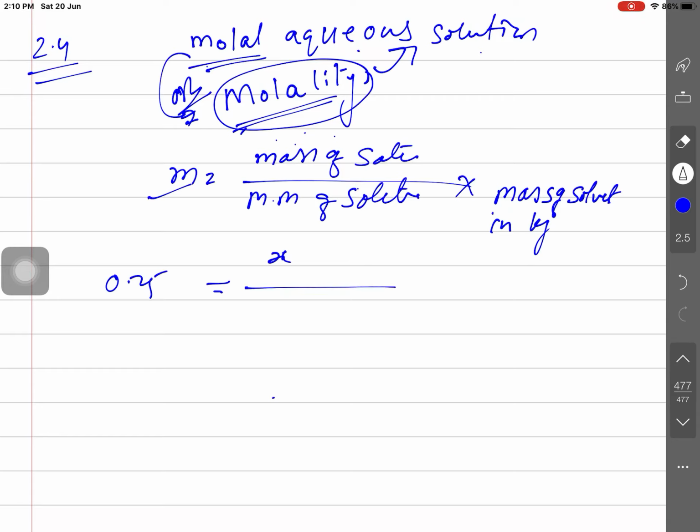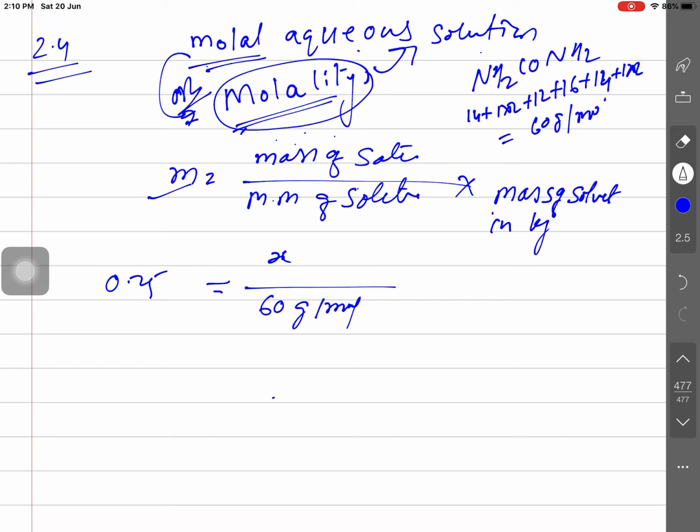What is the molecular mass of urea? You can calculate it: 60 gram per mole. NH2CONH2: nitrogen 14, hydrogen 1 into 2, carbon 12, oxygen 16, nitrogen again 14, hydrogen 1 into 2, overall 60 gram per mole.